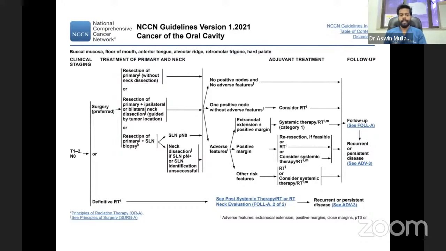While going for management, again, oncosurgery or oncology is evidence-based. Everything is evidence-based. Everything is protocol-based. If you're an oncosurgeon, you cannot go for a separate parallel line of treatment of your own. It should be universally acceptable. So we have the National Comprehensive Cancer Network, NCCN guidelines.